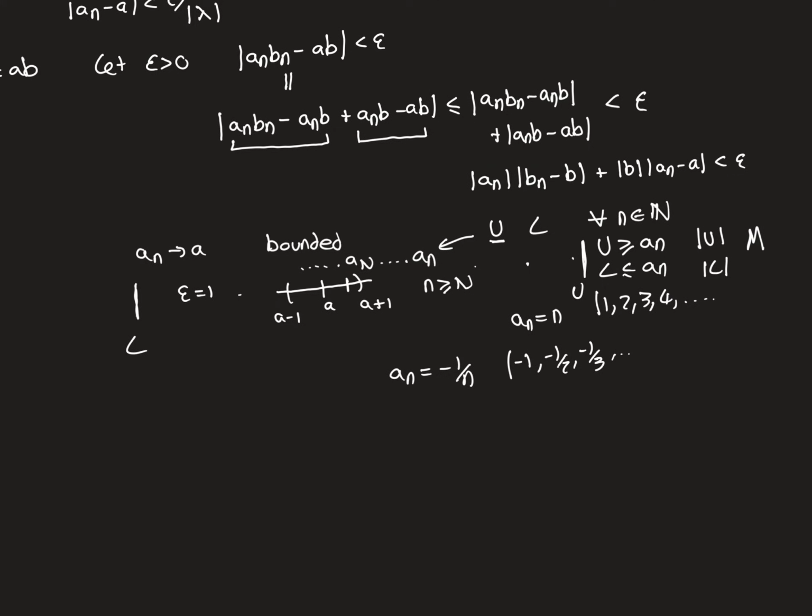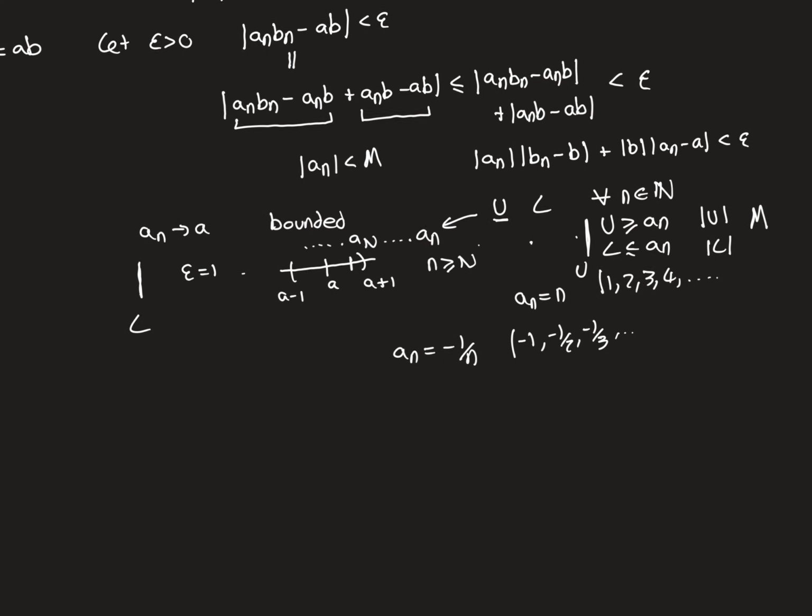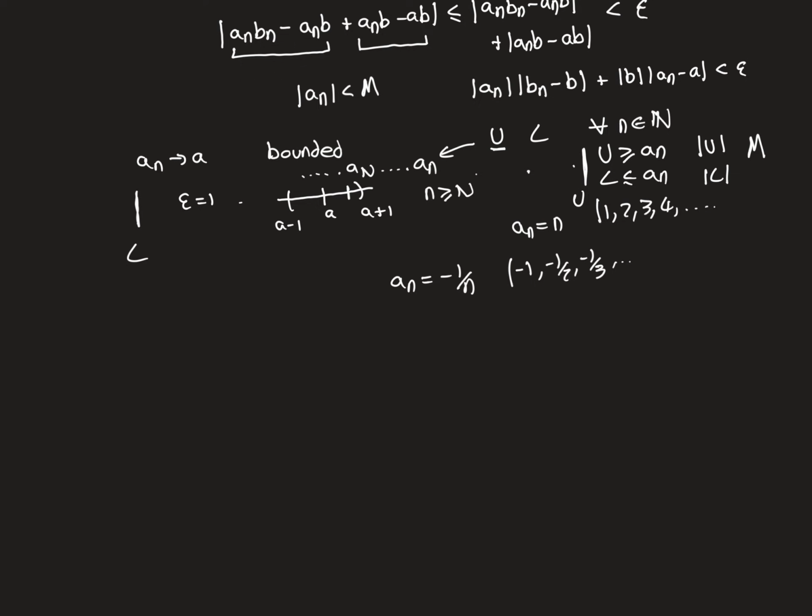And now I am going to replace this thing here with M, because that's the maximum it could ever be. I am absolutely sure that mod of a_n is going to be less than that number M, because that is the biggest one of the mod of the upper bound and the mod of the lower bound, and all the terms of my sequence are between the upper bound and the lower bound, so they have modulus smaller than this value M. And this is how I'm going to get rid of this awkward problem that I've got here.